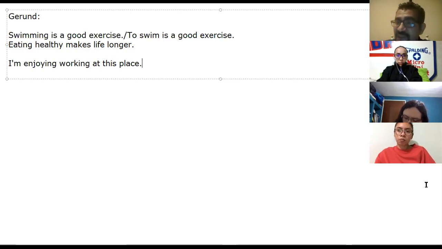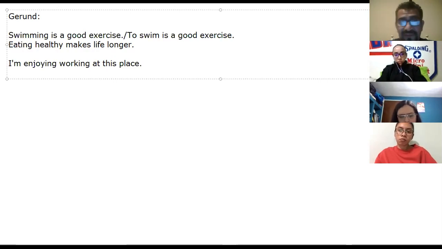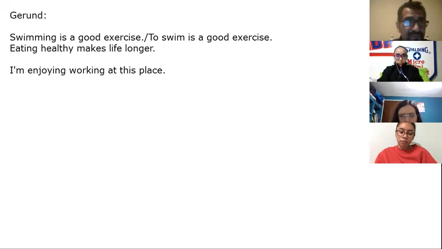Because it's part of the verbs that we use with specific words. In this case, I have to use gerund because I am using enjoy, or enjoying in this case. Now, on the list I sent you, we have that information.